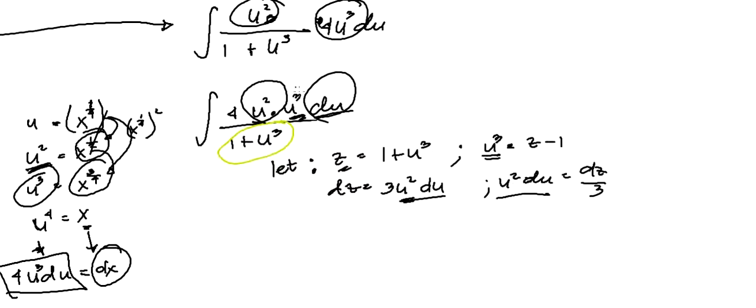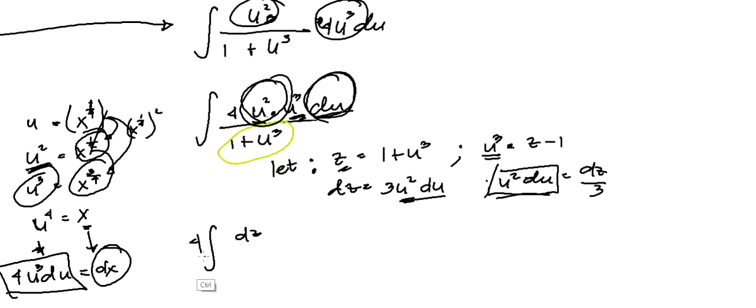Okay, so we can now change the variables from u to z. So let's try once again. We have 4, let's move out the value of 4, then our u squared du is dz all over 3, right?